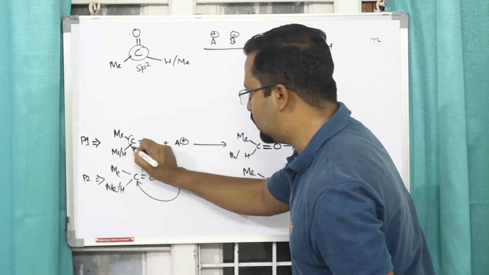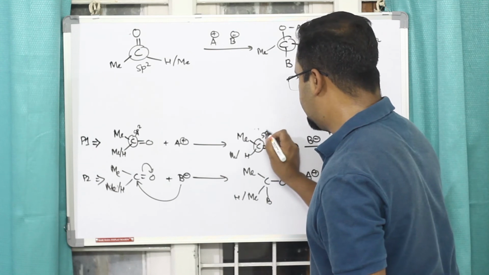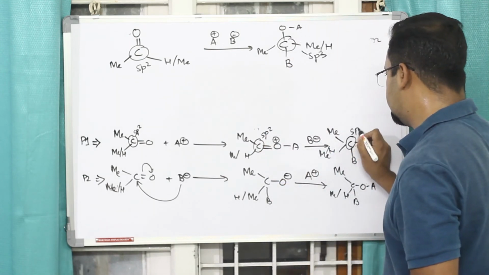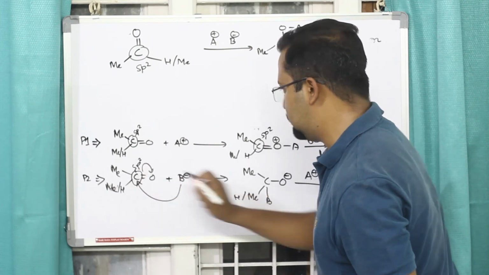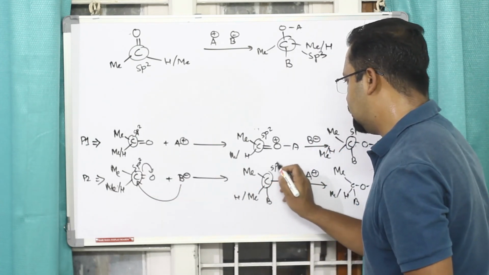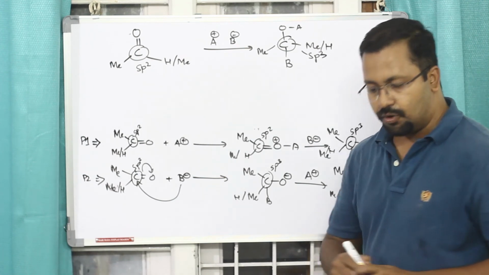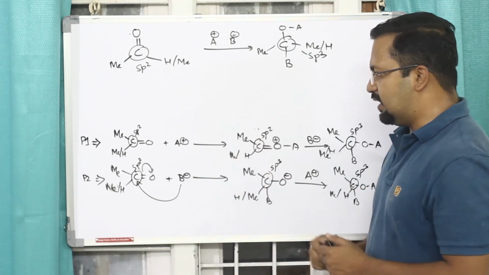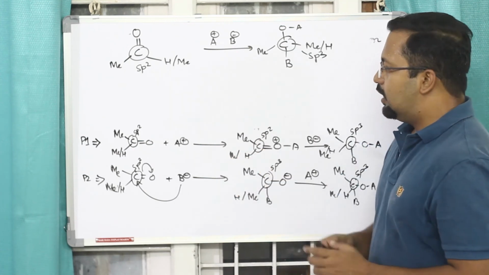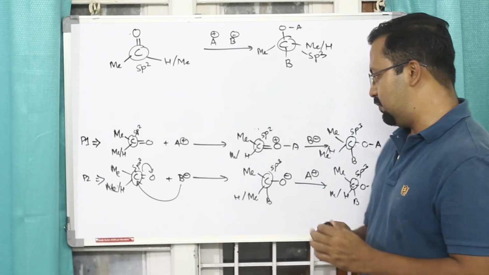So what we need to do is look at the hybridization of the carbon atom in all these species, and the step in which hybridization changes immediately from a planar to a tetrahedral system, I'll qualify as the slowest step of the reaction because that will not be favorable.